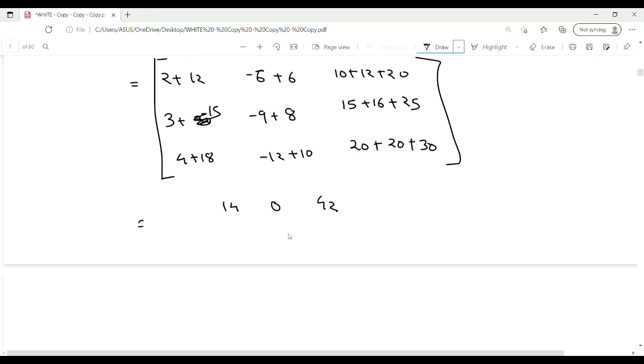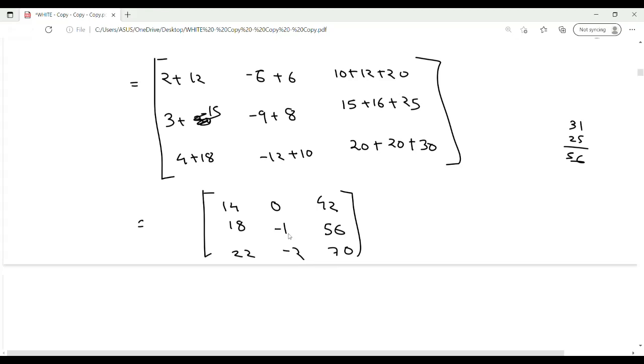So we will be getting 18, and then minus 1, and then 56, because 15 plus 16 will be 31, 25, 56. Okay, and here we will be getting 22 minus 2, and then 2 plus 2, 4 plus 3, 7. This is our required matrix.